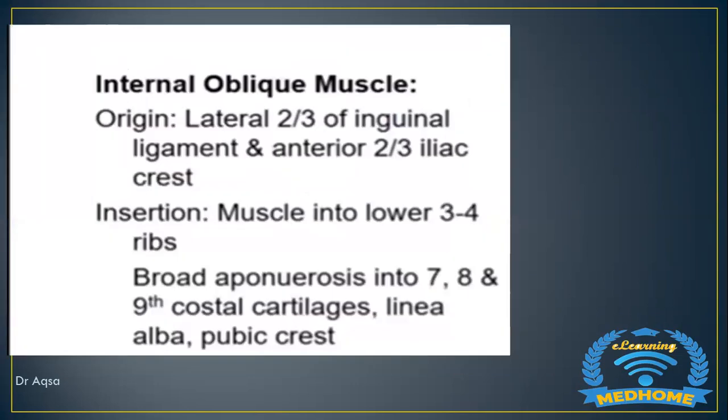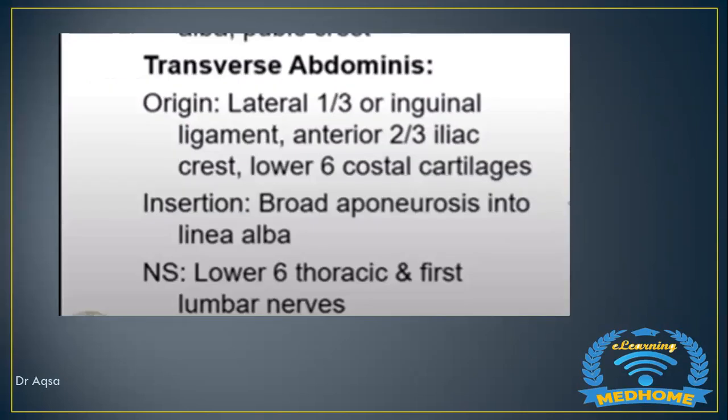Excellent. And internal oblique originates from the anterior 2/3 of the iliac crest, and it moves in the upward direction, and it is inserted on the lower 6 costal cartilages, the linea alba and the pubic crest. Its nerve supply is also from the lower 6 thoracic nerves, that is T7 to T12.